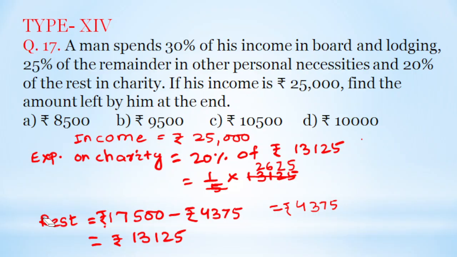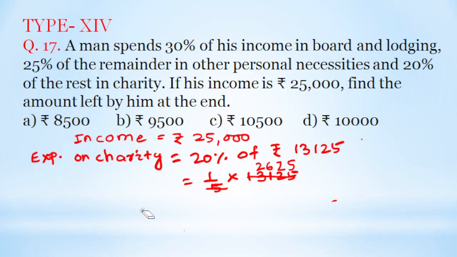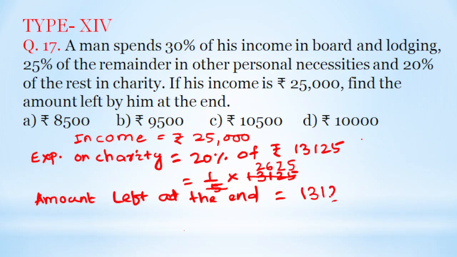So the amount left at the end is equal to 13,125 rupees minus rupees 2,625.